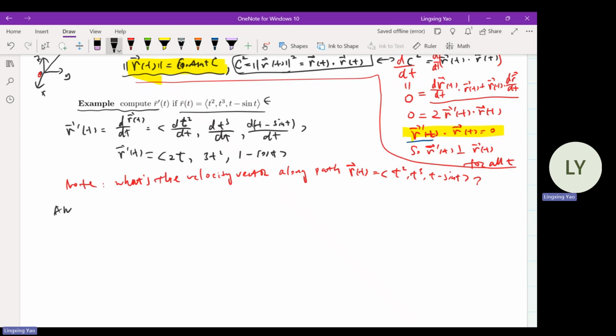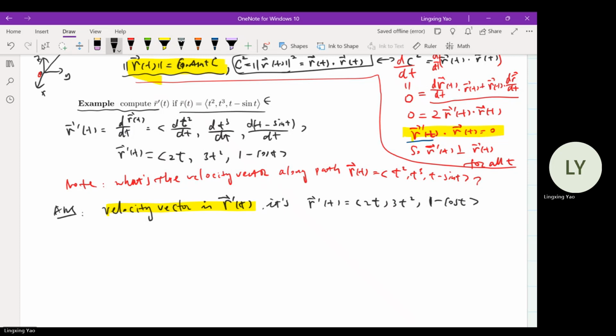Well, we should know the velocity vector is R prime of t. So this is actually the twist we're adding. And if we know the velocity vector is indeed R prime of t, then we already know the answer, because we just compute it, right? So this is the answer.